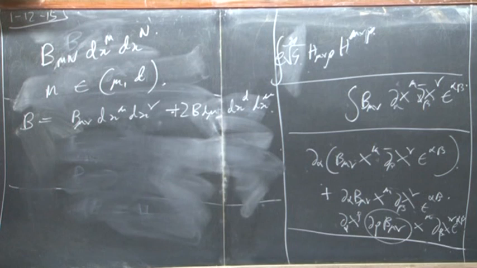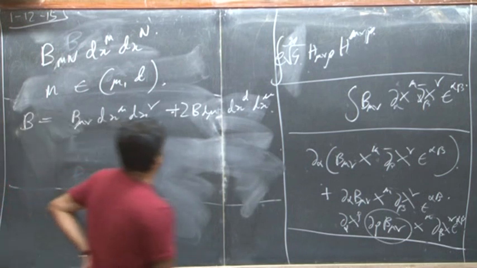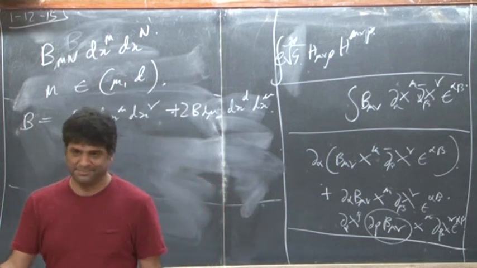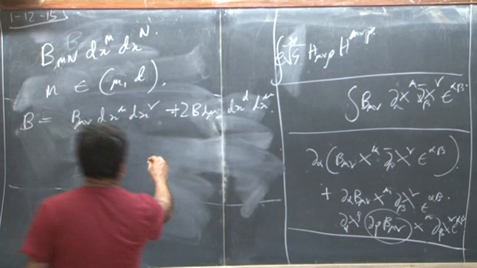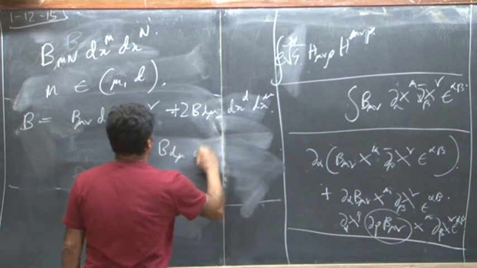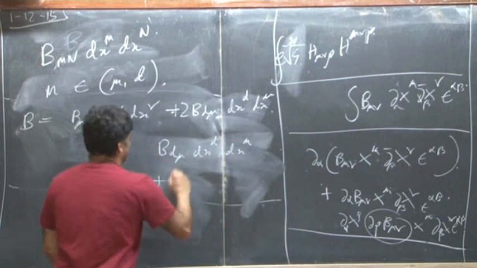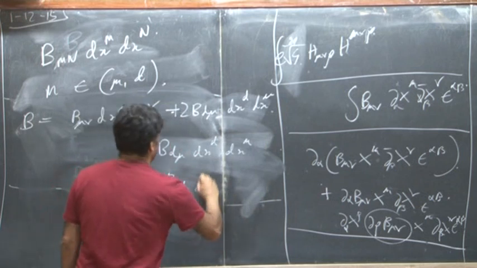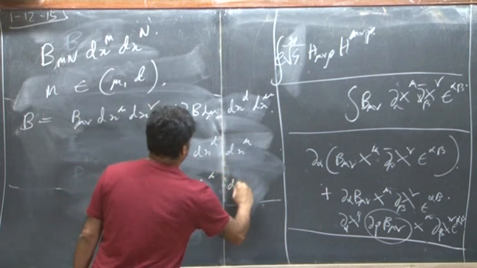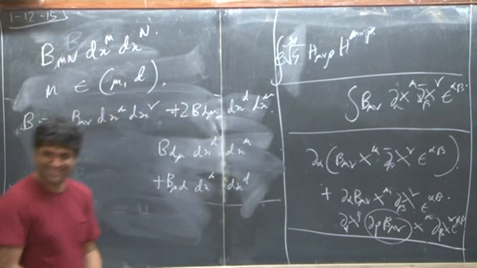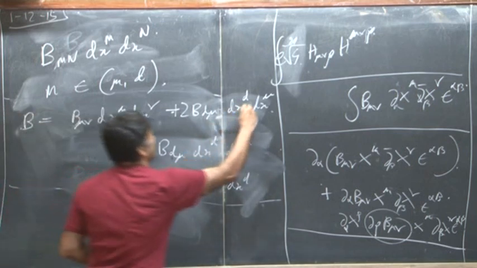Isn't it antisymmetric, so two such terms add up? Because B d mu will be minus B mu d. So what will you get? You get B d mu dx d dx mu plus B mu d dx mu dx d. Now this is minus this and this is minus this, because it's a wedge product. Everywhere it's a wedge product.